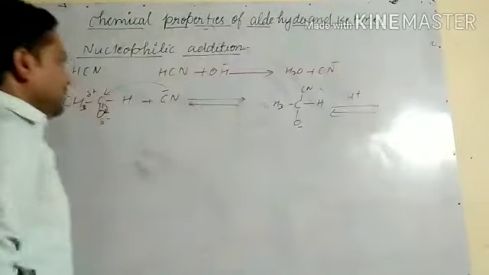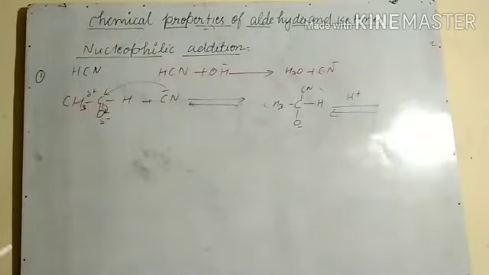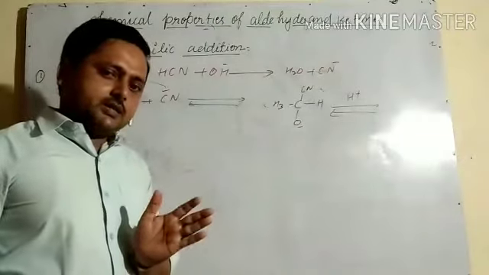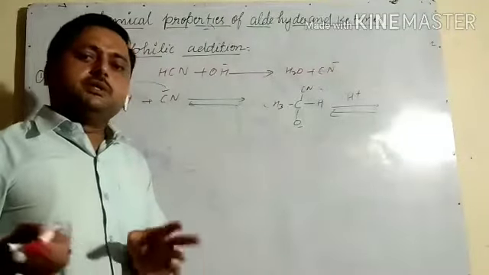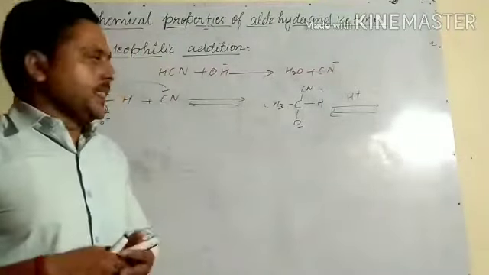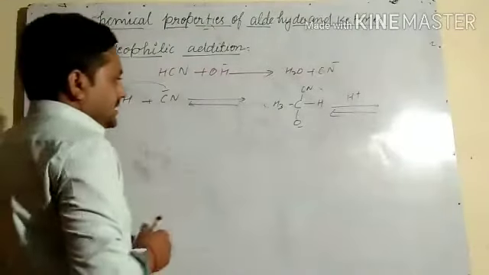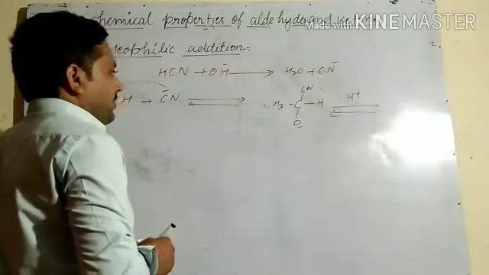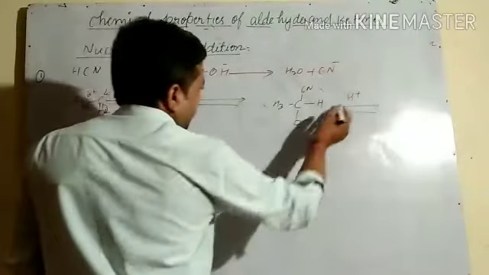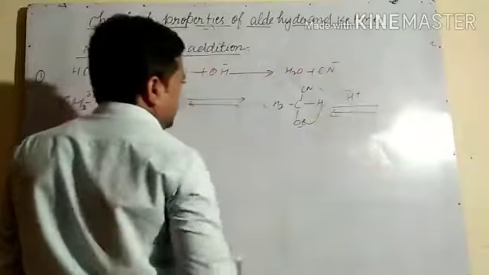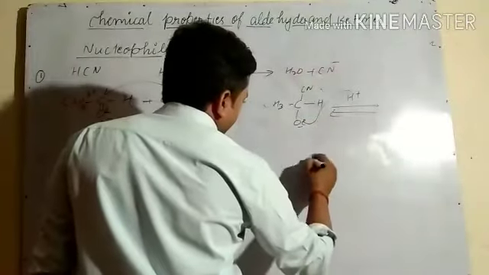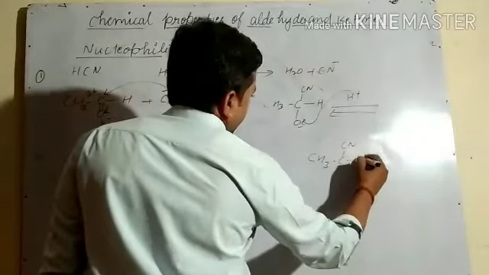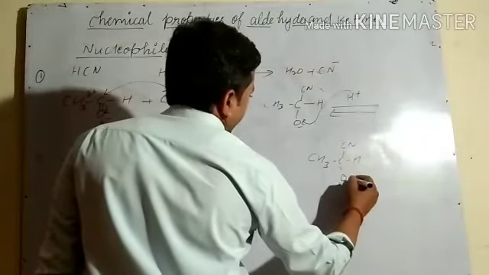You might know the role of a catalyst: it initiates the reaction and finally remains unchanged. So it abstracts H plus from the medium, and that H plus goes here, and it forms the cyanohydrin: CH3, CN, H and OH.